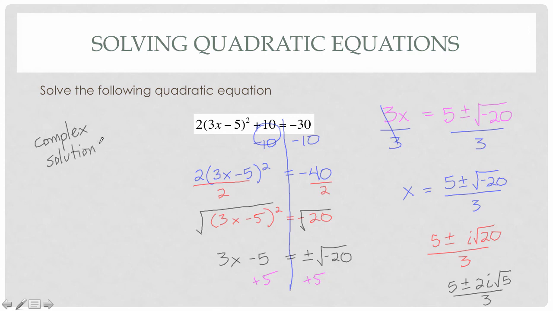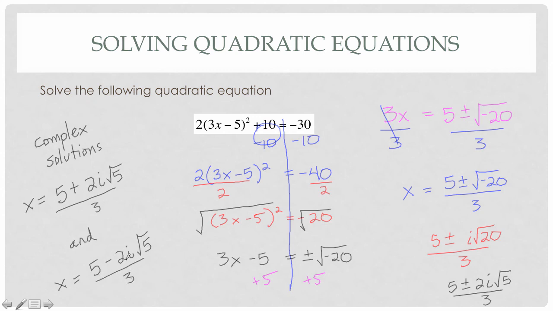On one hand, x equals 5 plus 2i times the square root of 5, divided by 3, that's one solution. And x equals 5 minus 2i times the square root of 5, divided by 3. That's my other complex solution.